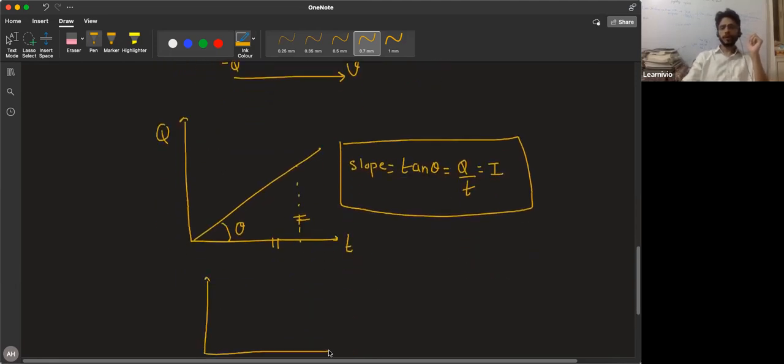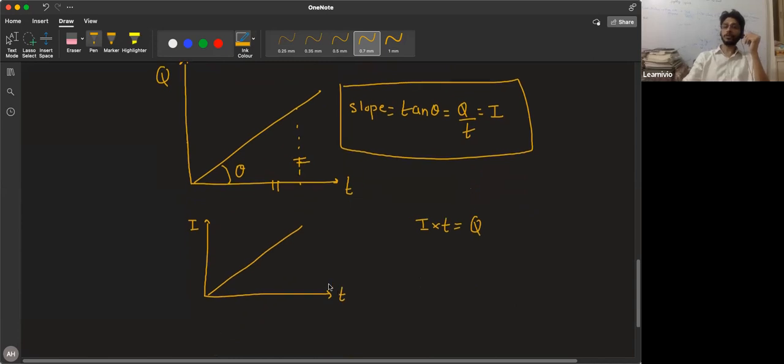So instead of Q versus T graph, if I asked you to plot I versus T graph, let's say this is I versus T graph. So what is current into time? I into T is Q. So if I have I versus T graph, then the area under this graph will give charge.